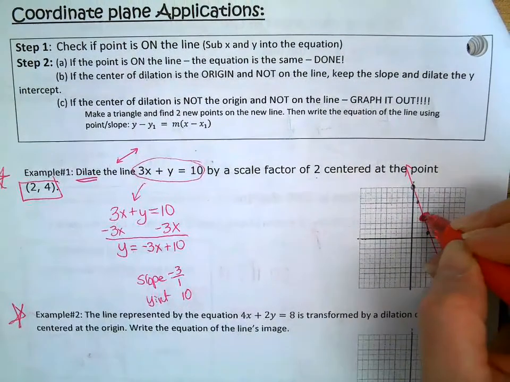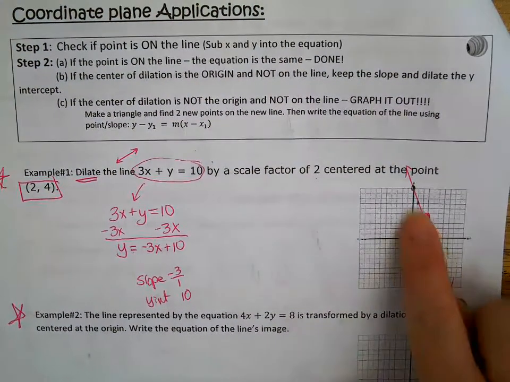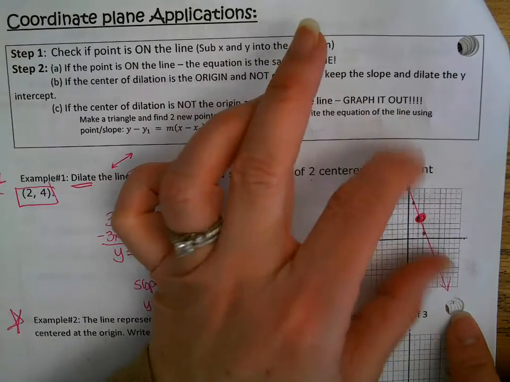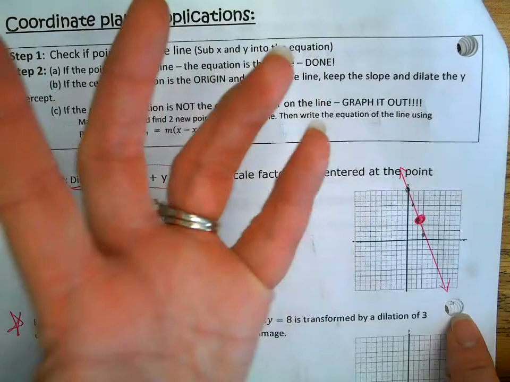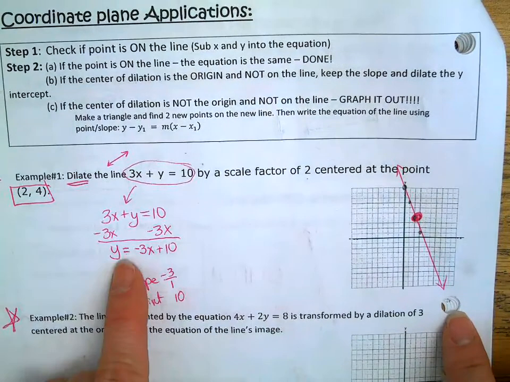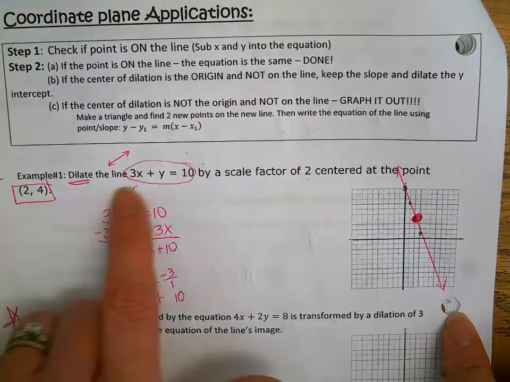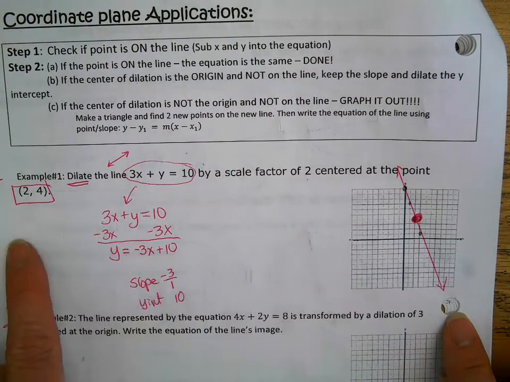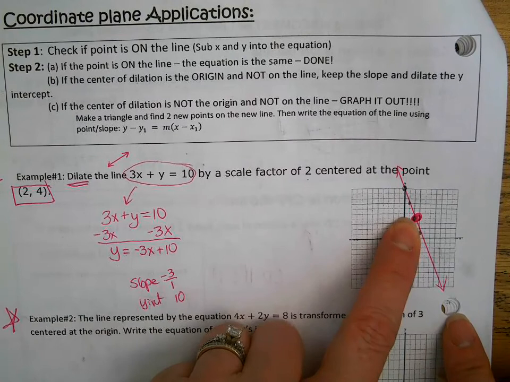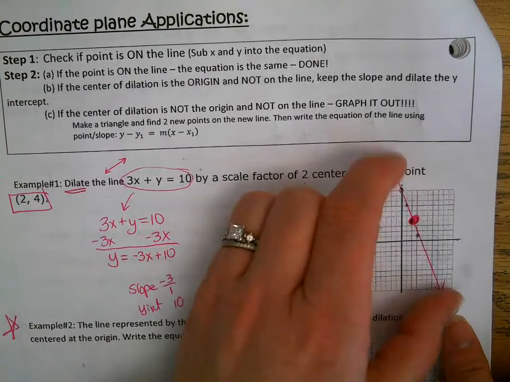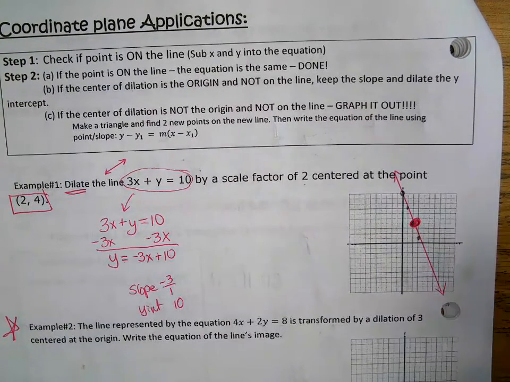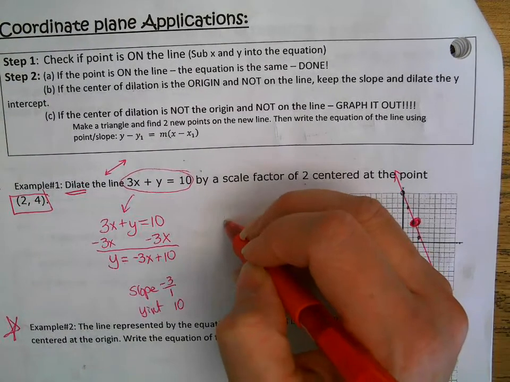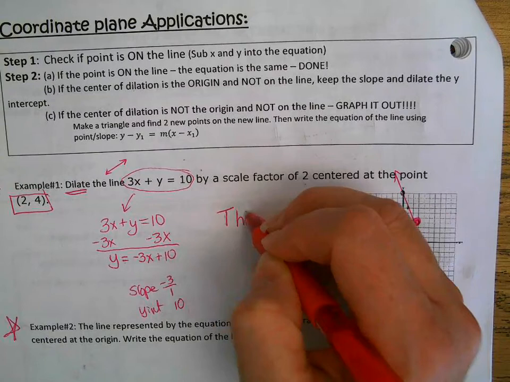If my center of dilation is already on a line that is infinite, I can't move that line. This equation is not going to change. So when you have to dilate a line by a scale factor of 2 centered at a point 2, 4, and that point happens to be on the line, you can't dilate something that's infinite. So we're going to say here, this line will not change.